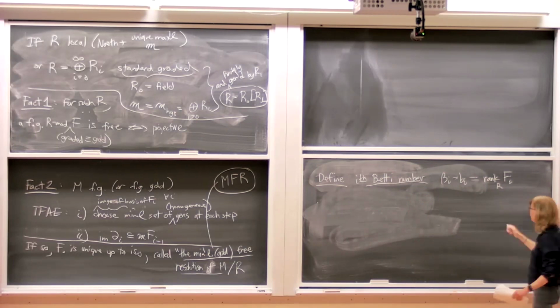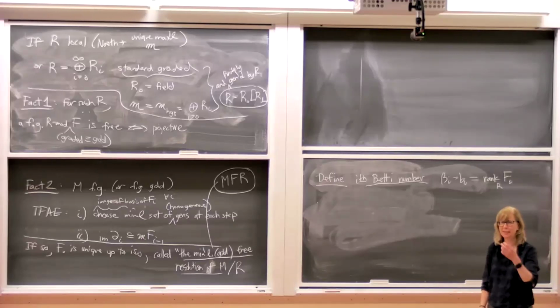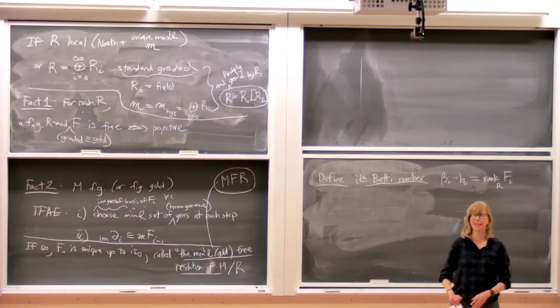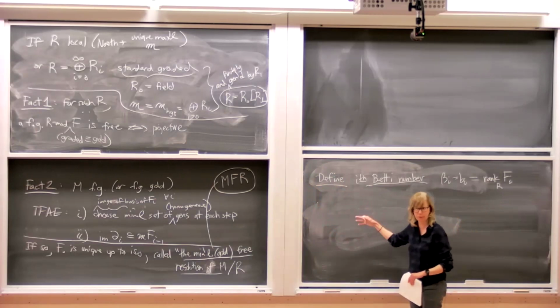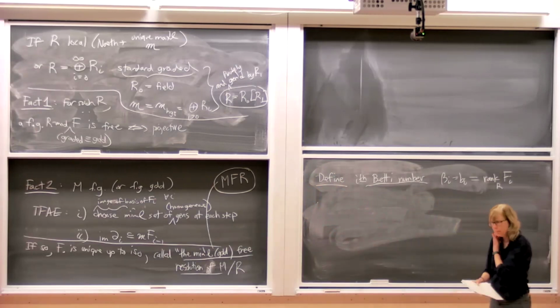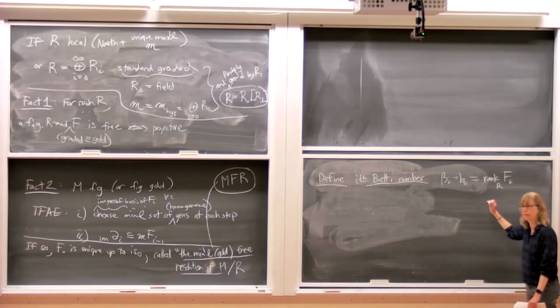Okay. Great. And they're like, okay, so what, you define something, but it turns out that this is a really good thing to define because there's a lot you can say about Betti numbers that get you somewhere. Like sometimes it's easier to forget some information and keep some and actually get further.